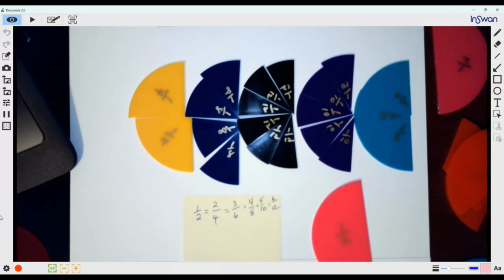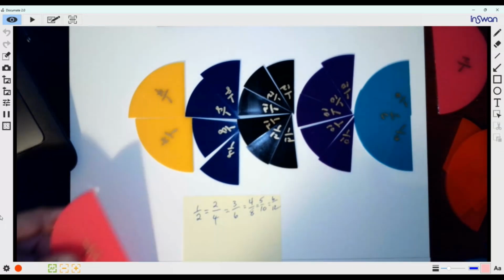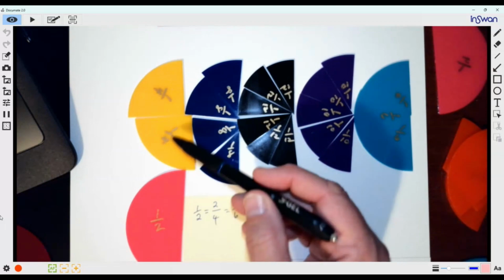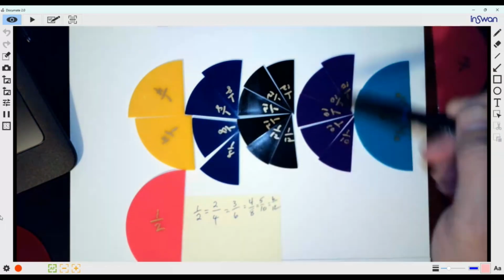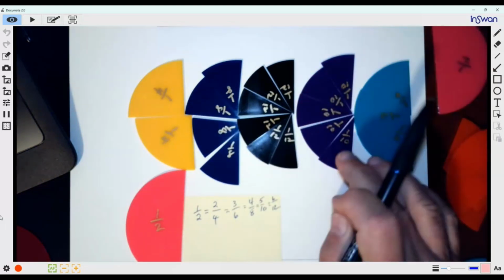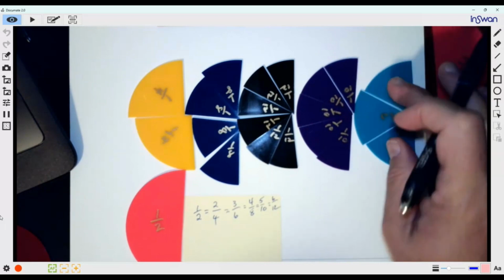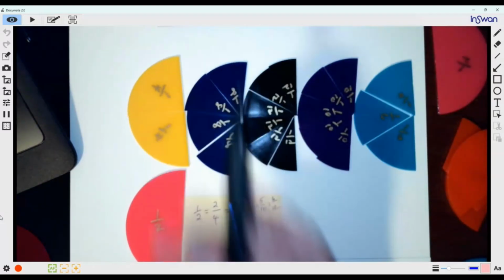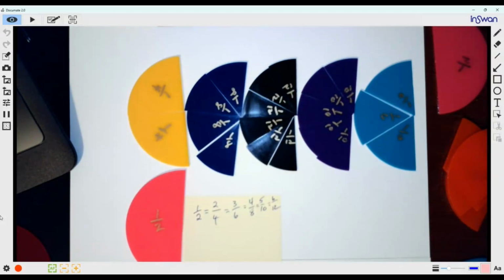That's what I want you to see here, is that we've got a visual connection. The 1/2 being the same as each of these sections. We've just divided them into different pieces, but all of those are equal to each other.